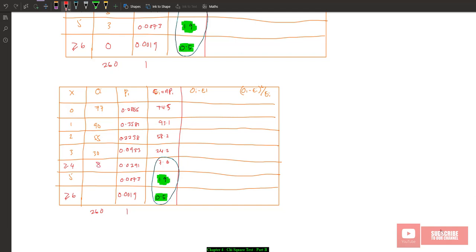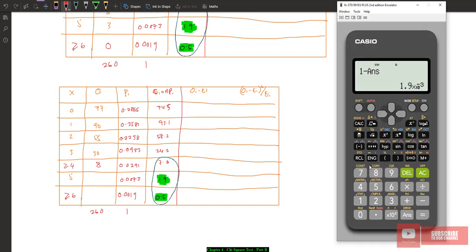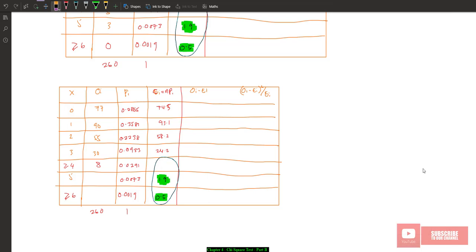And this one should be equal to 7.6 plus 1.9 plus 0.5. So this one should be equal to 10. Right, so I just put 10 over there.